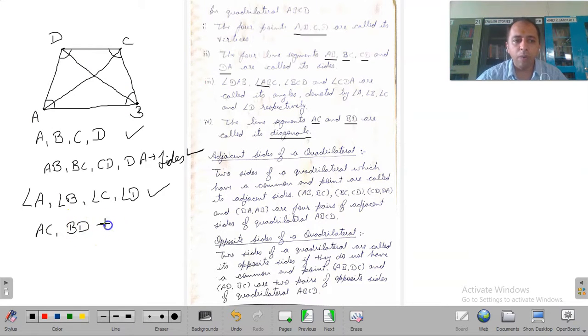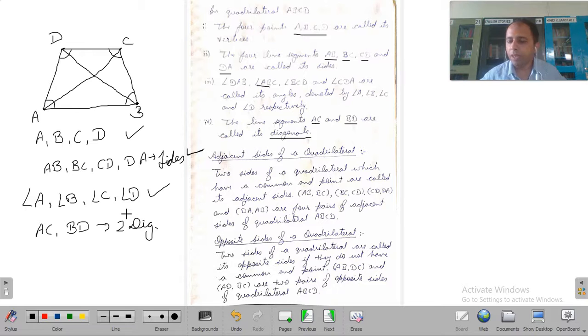So how many diagonals does a quadrilateral have? 2 diagonals. So a quadrilateral has 4 vertices, 4 sides, 4 angles and 2 diagonals. This you need to understand.